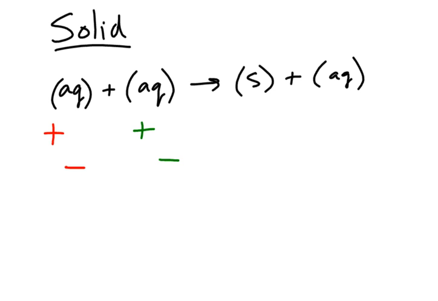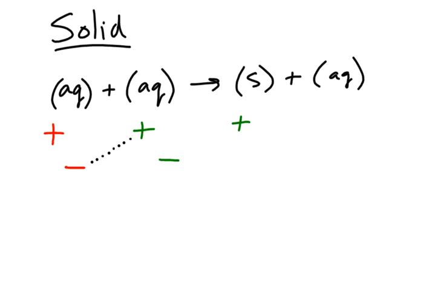And as it turns out, when I have those two positives and those two negatives in solution and I mix them together, there's always a chance that, for example, this attraction right here between one positive and the other's negative, or one's cation and the other's anion, might be stronger than how hard the water is pulling on the molecules to keep them in solution or keep them dissolved. So what will end up happening is we end up with a solid compound.